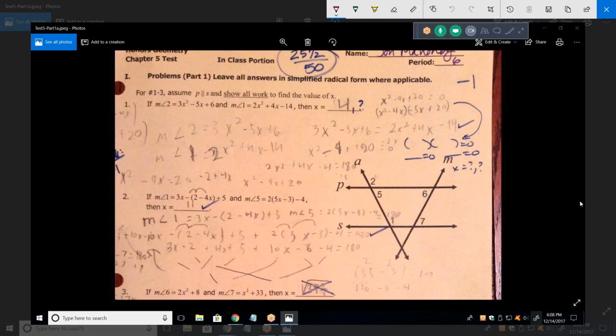So we know angle 2 is that, and angle 1 is that. Well, what do we know about angle 1 and angle 2? They're congruent. Their measurements are the same. Yeah, they are congruent, which means the measurement of the angle is the same.